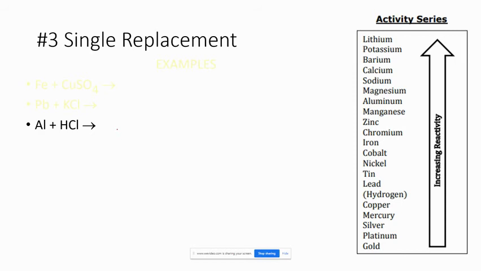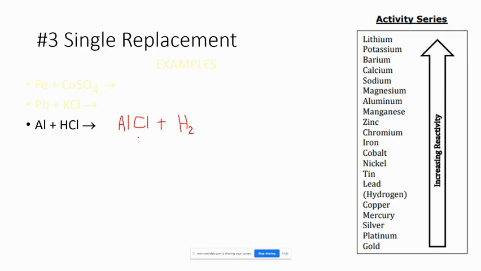And this right here, we're going to have Al with chlorine now, plus H is going to be by itself. We're going to have to remember something. H, hydrogen, it's a diatomic element. It always has H2. So when it's by itself as an element, it has that little bitty 2.